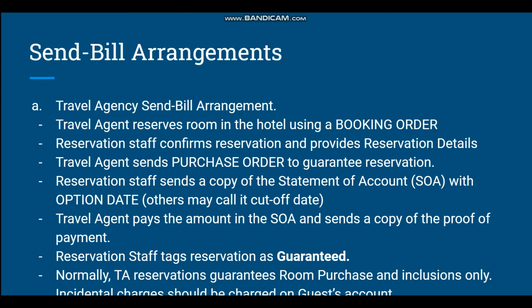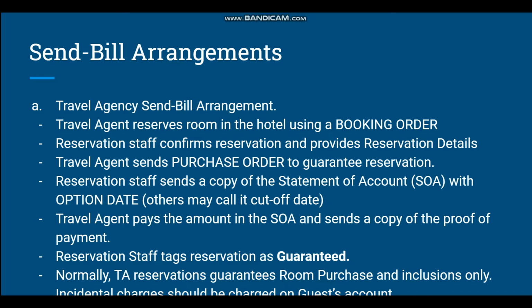One characteristic of a booking for travel agents is that the rates are confidential. It should not be disclosed to the guest of the travel agent because normally travel agents have a larger discount, to give them a certain margin for their markups.